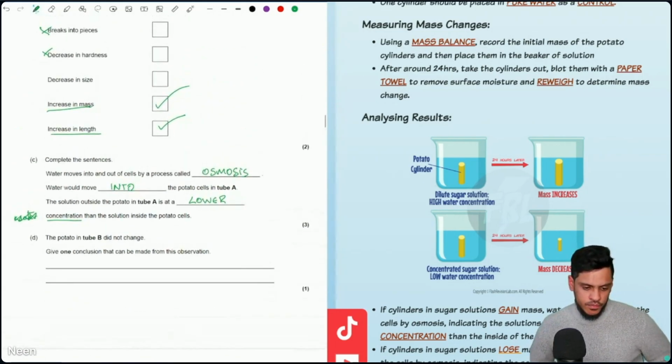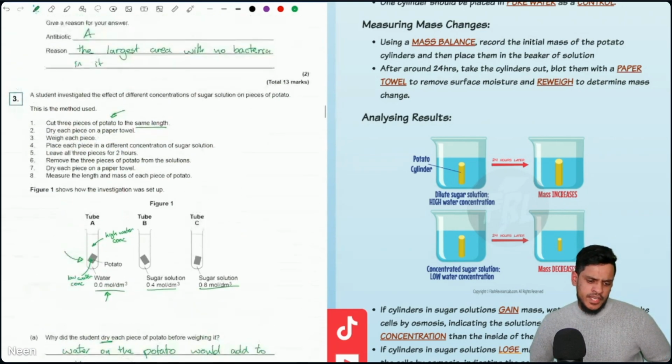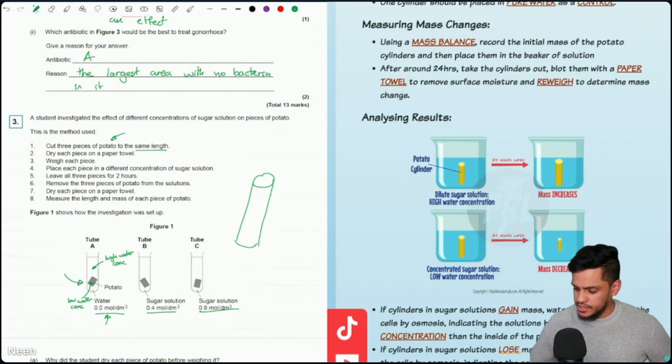Is potato for water? What do you mean, sorry? Sorry, is potato a water? So the potato has water in it, but it's also got sugar in it. So if this was like a cylinder of potato, inside of it you have a sugar solution.